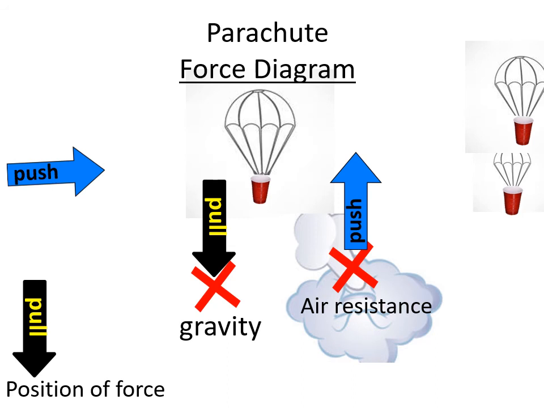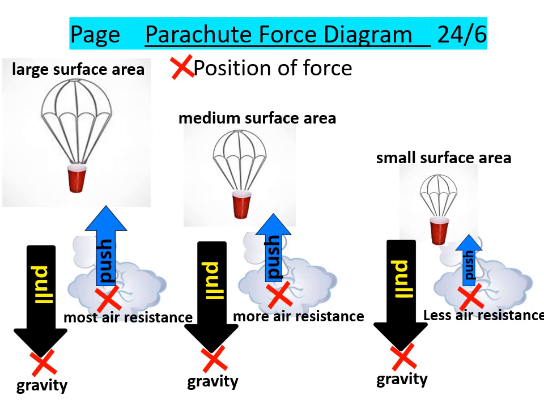What happens to the parachute if gravity and the air resistance are balanced? People in class said the parachute would just float, and stay in the same position. But did that happen? Did the parachute just float and stay in the same position when we did the investigation? Nope.